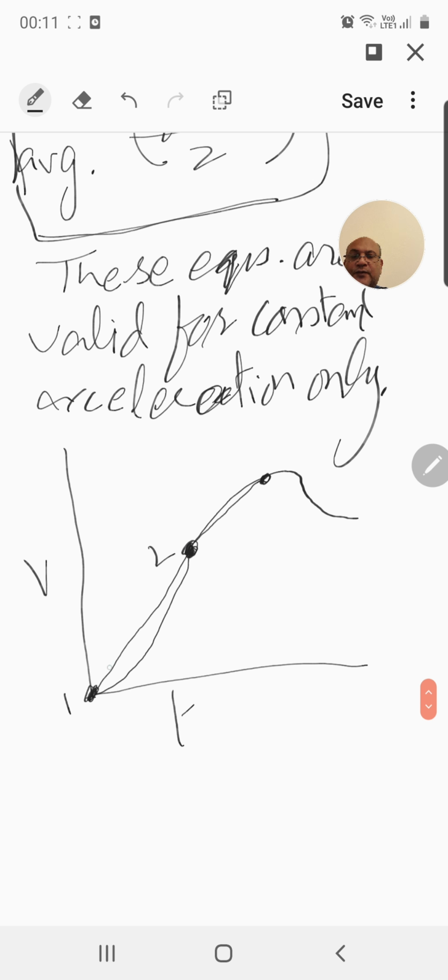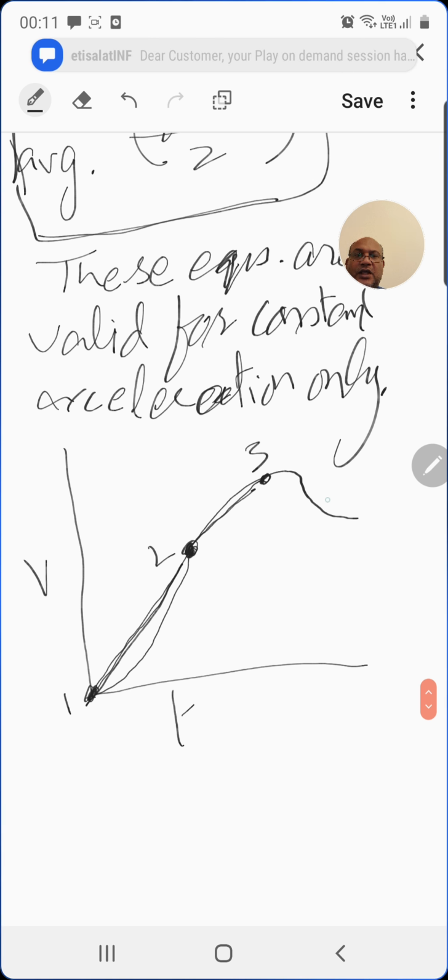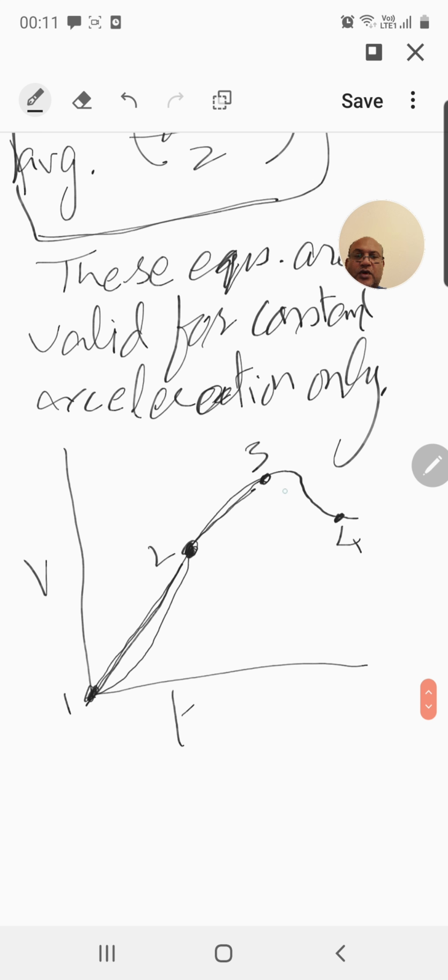Now acceleration between 1 and 2 and acceleration between 2 and 3 are different. Similarly, acceleration between 3 and 4 is different. I'll join these two points, and this acceleration is different.